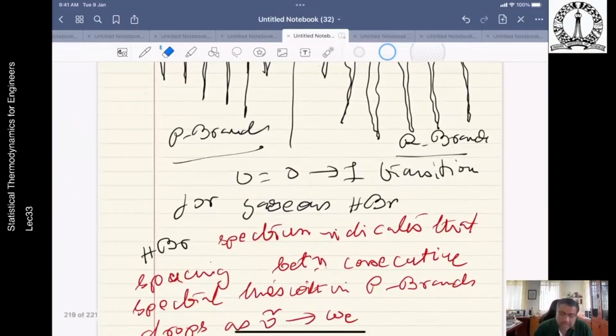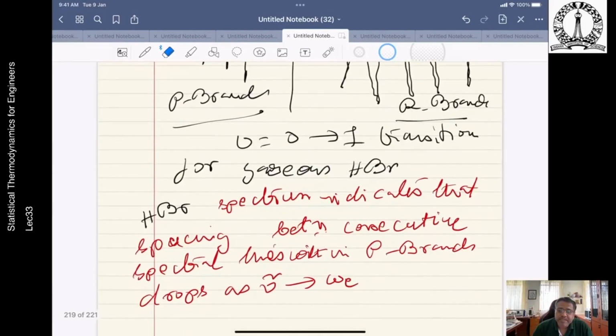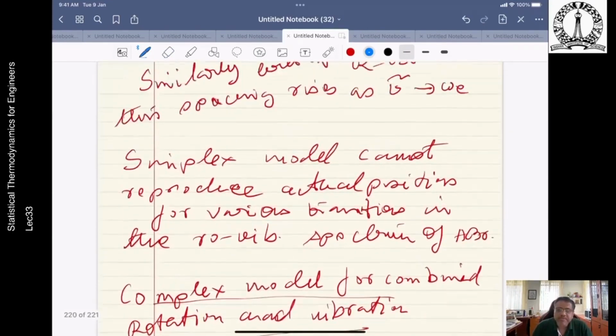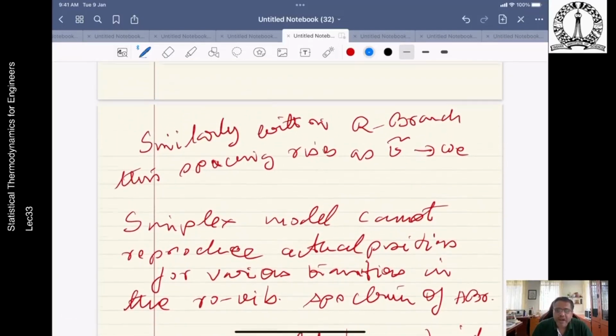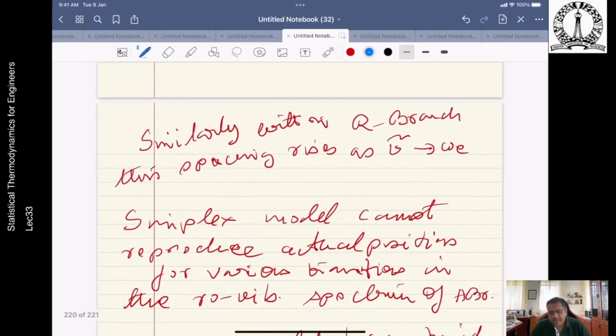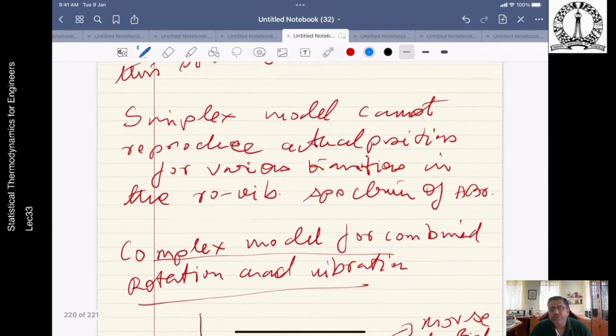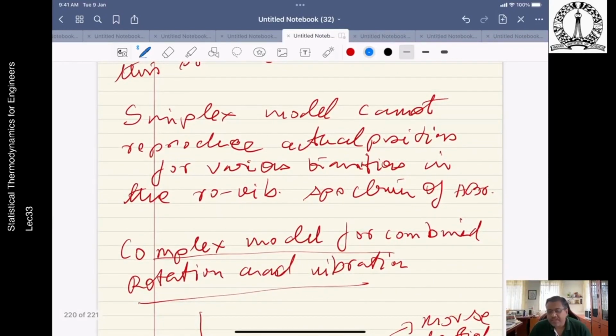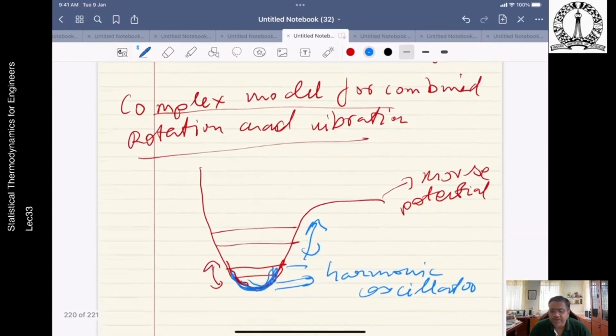You see that the spacing between the consecutive spectral lines in the P branch actually drops as V approaches the WE. In this exercise, we also said that similarly with the R branch, this spacing rises. So the simplex model cannot actually reproduce the actual positions of the various transitions, so we need a complex model for the same.